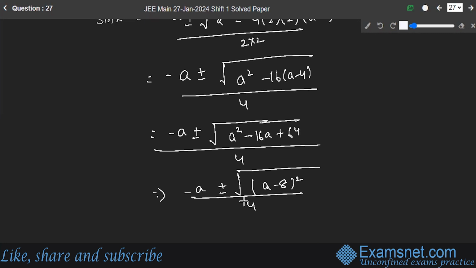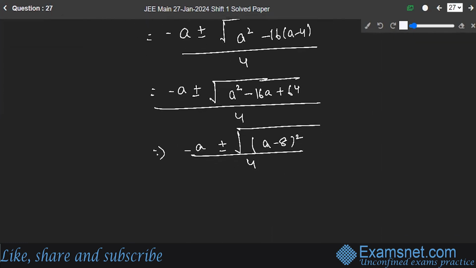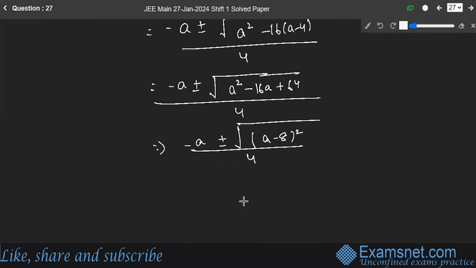Now we had one thing in the question. I don't know what value a carries. A belongs to real numbers. A may be negative, a may be positive. So according to that, I will write sine x as minus a plus minus mod of a minus 8 upon 4, right? So now it can have values.